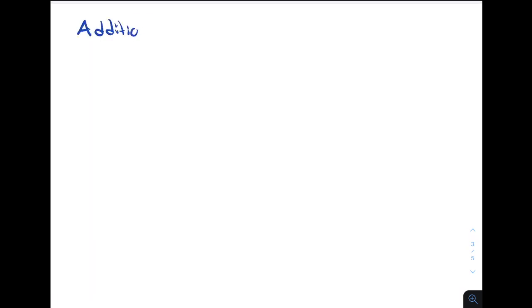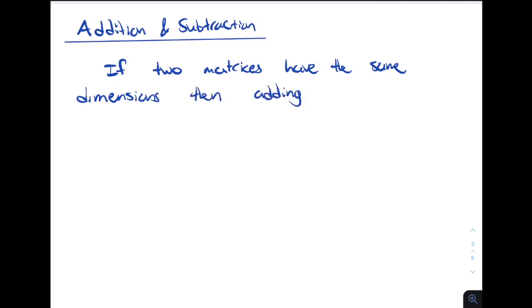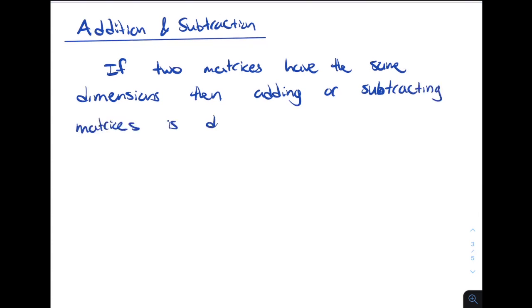Addition and subtraction. If two matrices have the same dimensions, then adding or subtracting matrices is done by adding or subtracting corresponding entries.